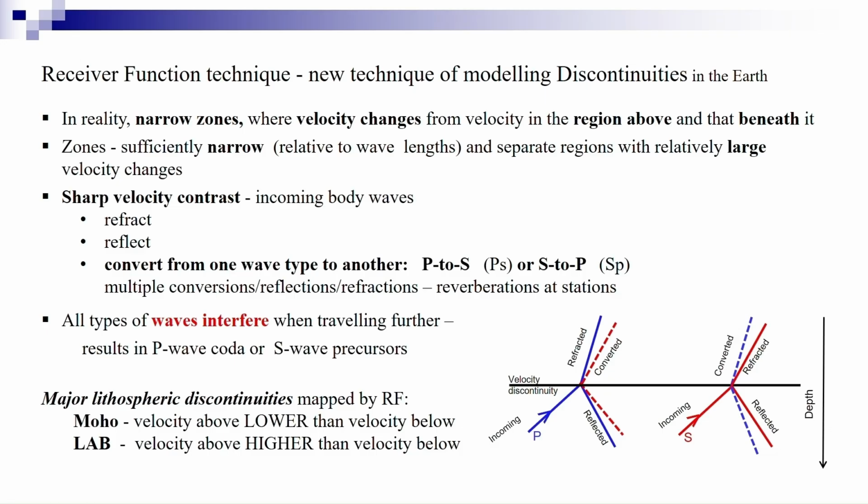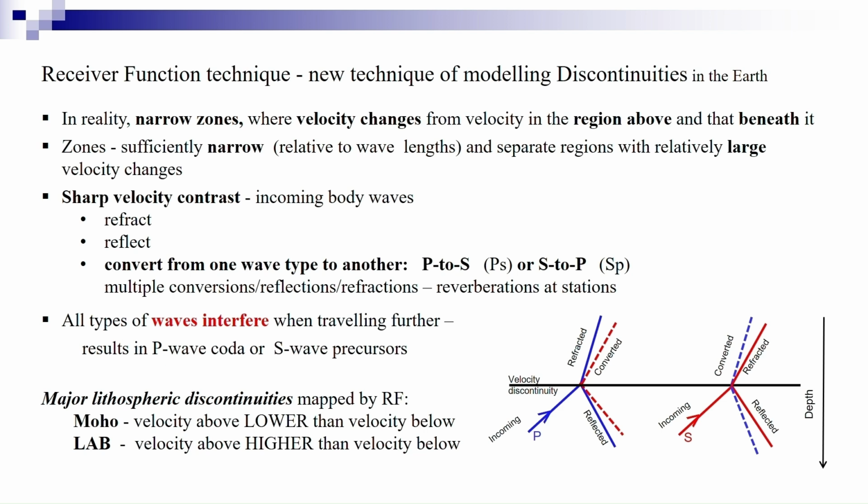Receiver functions represent a relatively new technique of modeling discontinuities in the Earth. In reality, the discontinuities are narrow zones where velocity changes from the velocity in the region above to that beneath it. The zones must be sufficiently narrow relative to wavelengths and separate regions with relatively large velocity changes.